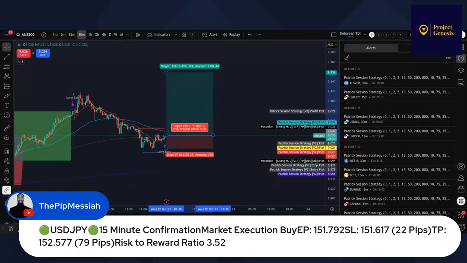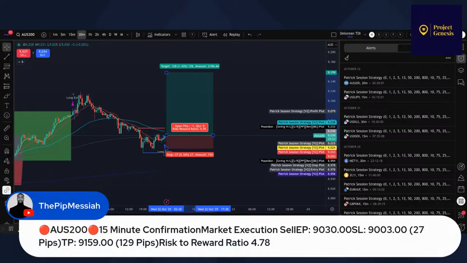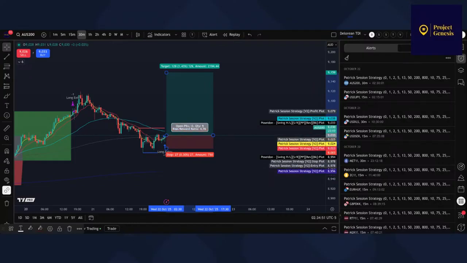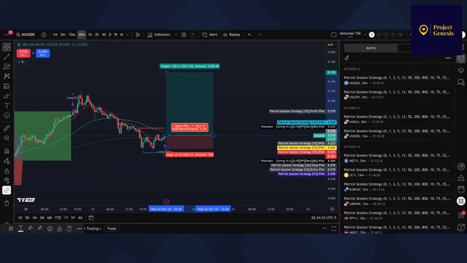Here's your next call of the night. Good morning, Parla. It's going to be the Australian 200 15-minute confirmation market. Oops, I got that wrong, don't I? I wrote it down as a sell, and it's actually a buy.